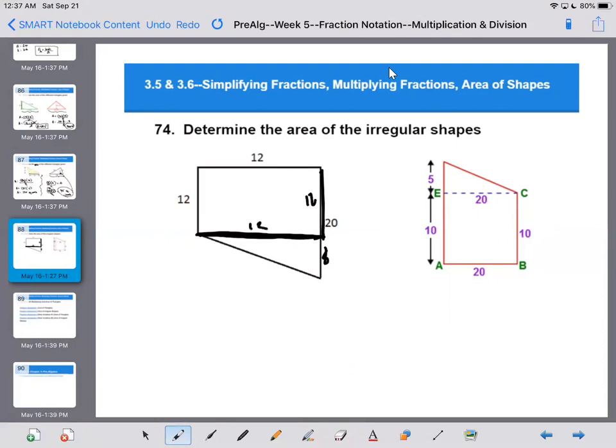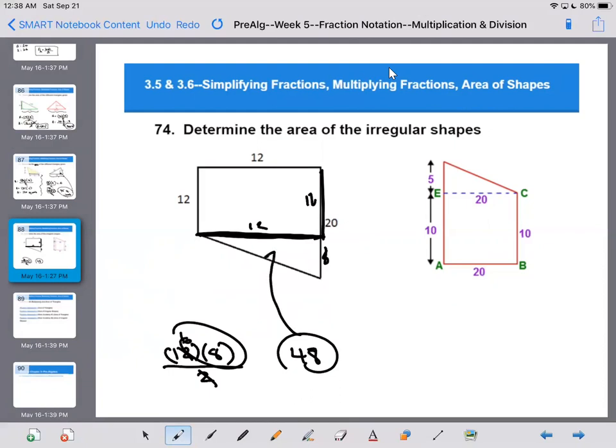So what's 12 multiplied by 8? And then we want to divide that by 2. So half of 12, 2 will divide 12 6 times. 6 times 8 would be 48 square units. That's the area here.